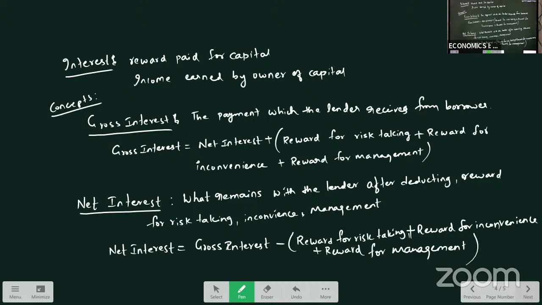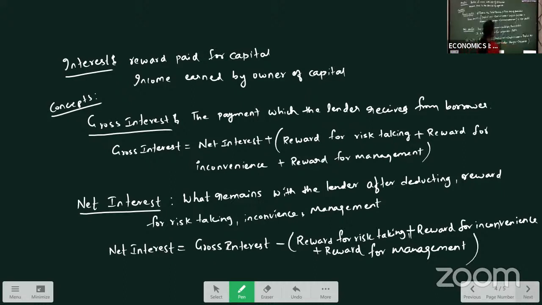Gross interest equals net interest plus reward for risk taking, reward for inconvenience, and reward for management. Net interest is what remains with the lender after deducting. Net means after making the deductions. Deductions are reward for risk taking, inconvenience, and management. You have to write down the formula. For 2 marks, if you write this much, it's more than enough.